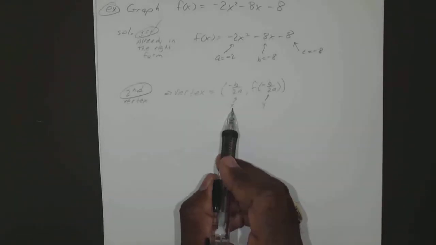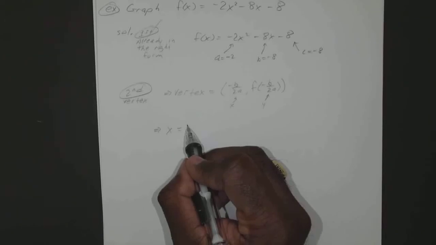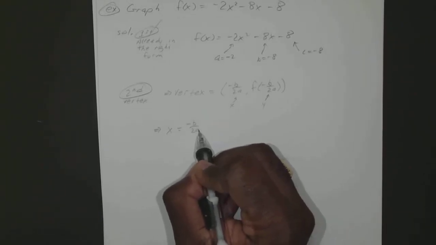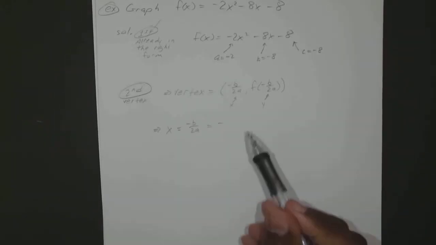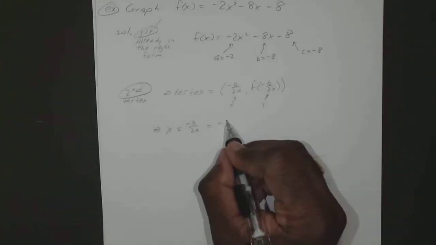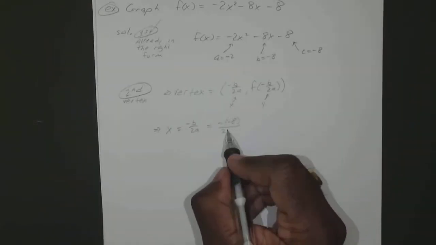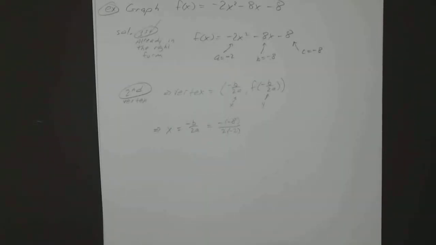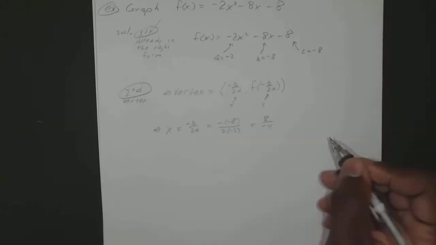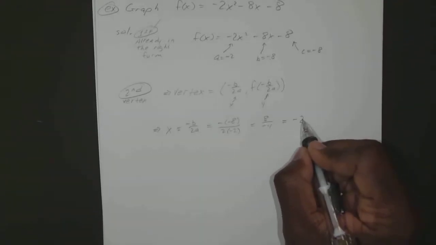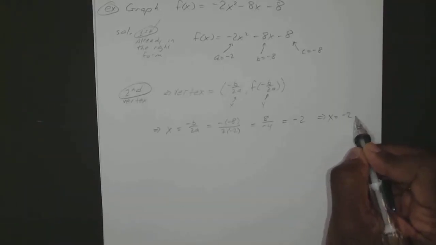So if we solve for our x, which is negative b divided by 2 times a, that means it's going to be negative 8 divided by 2 times negative 2, which is 8 over negative 4, which is negative 2. So we know the x of our vertex is going to equal negative 2.